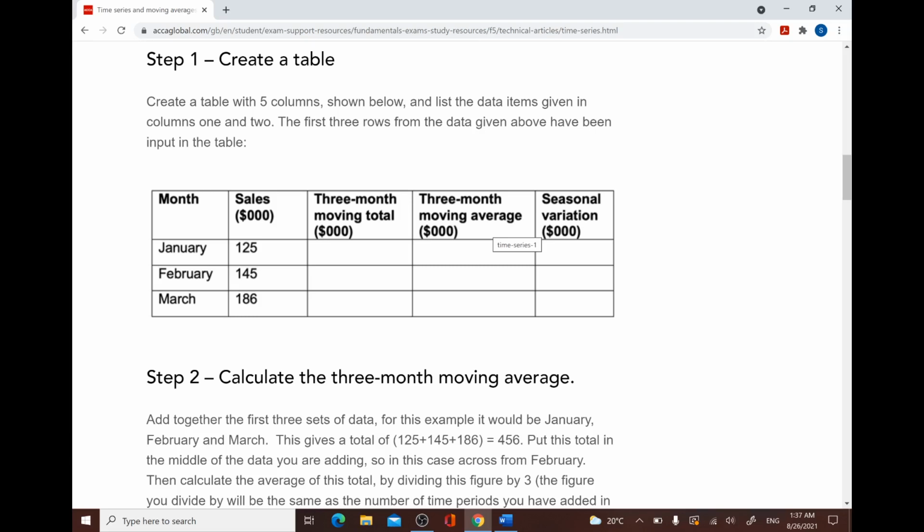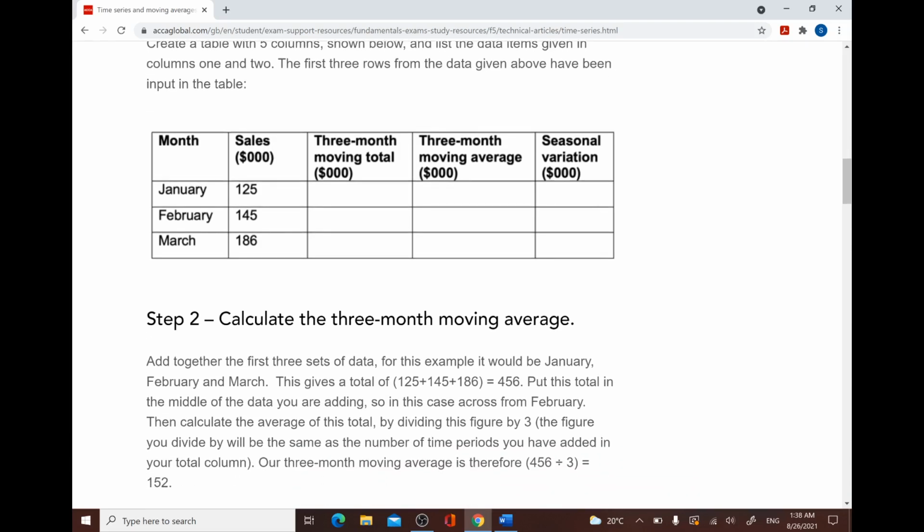Now, ladies and gentlemen, don't forget, what is this sales figure here? This sales figure is the actual sales, and that represents Y in the equation. So some students will be asking, where and how should I start? Very simple, class. Normally, when we calculate the moving total, if it's 3 months, you get number 1, number 2, number 3, and add them up.